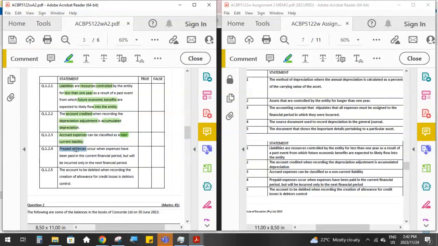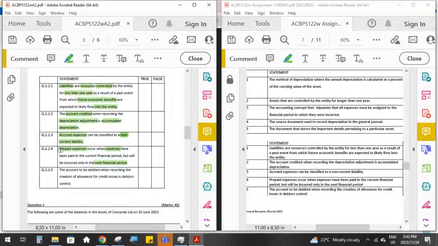Then prepaid expenses occur when expenses have been paid in the current financial year. So in other words, we physically paid whoever the supplier is in the current period, but the actual expense itself only relates to the next financial period or a financial period in the future. So that is true. That's exactly why we call something a prepaid expense, because we've paid that expense in advance.